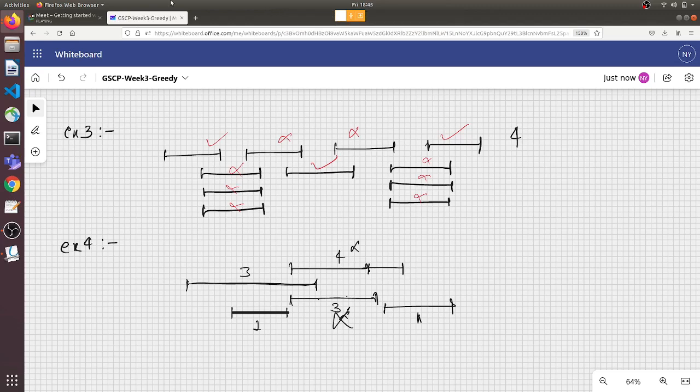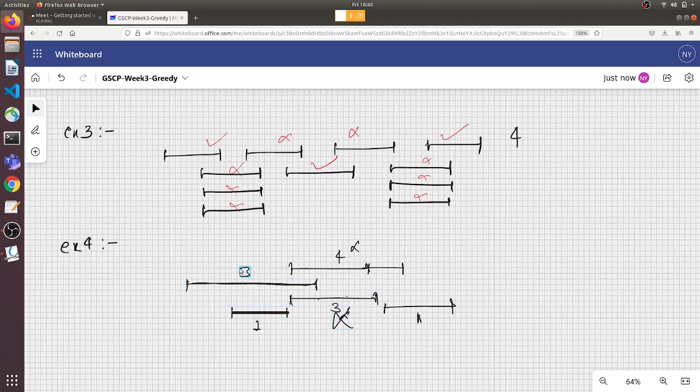If I understand correctly, if I discard this which has 4 overlaps, I still have overlaps. So then I will discard this one which I have marked with a cross. Then I will still be left with these 3 which still have one overlap.